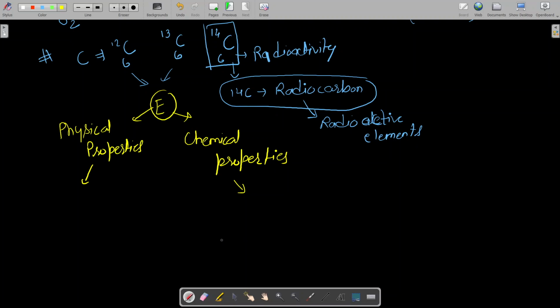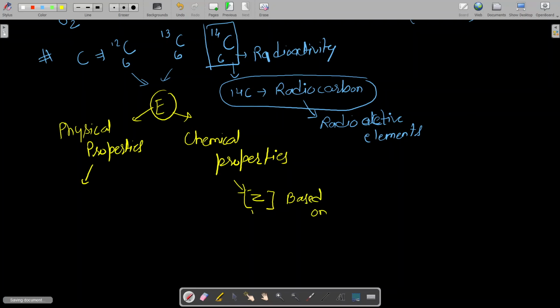So the chemical properties of any element depend on Z. What is the meaning of Z?